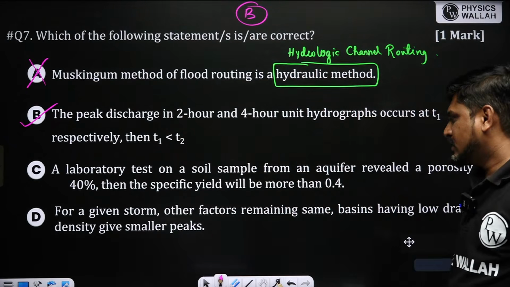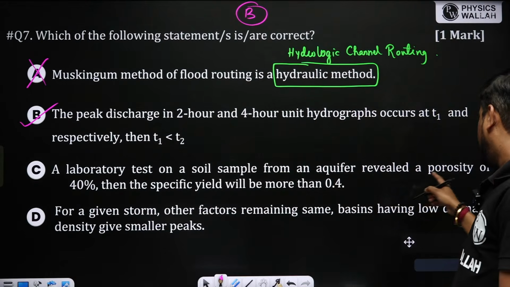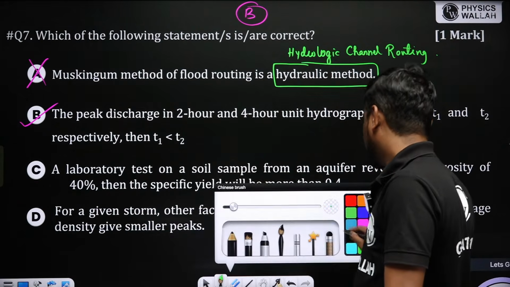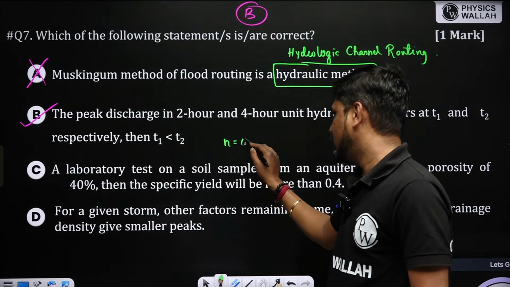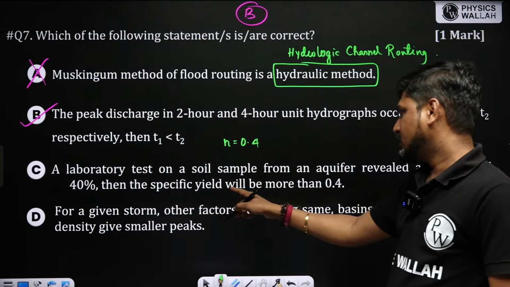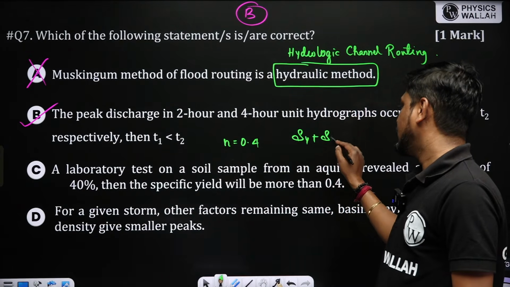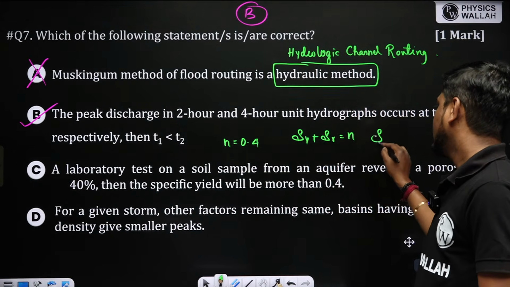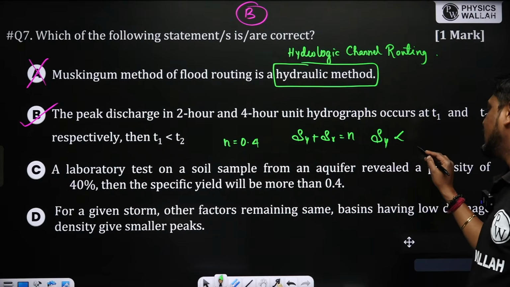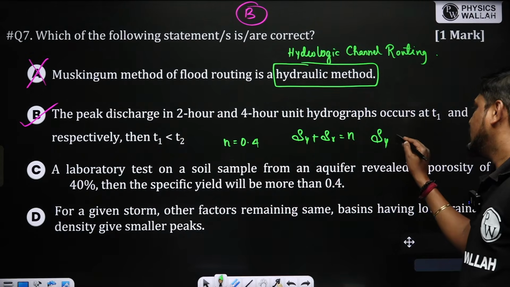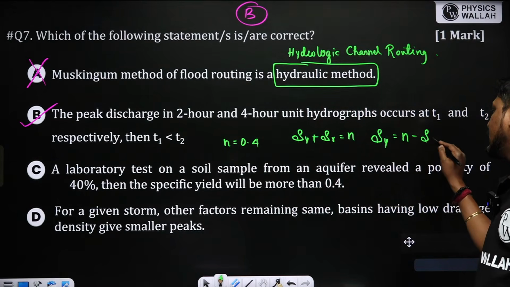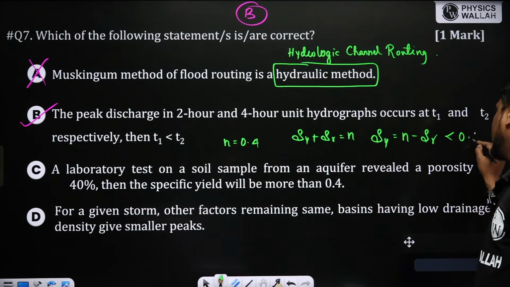A laboratory tested a soil sample from an aquifer and revealed a porosity of 40%. So porosity N is equal to 0.4. Then specific yield plus specific retention is equal to porosity. Specific yield is equal to N minus specific retention, so it will be less than 0.4.